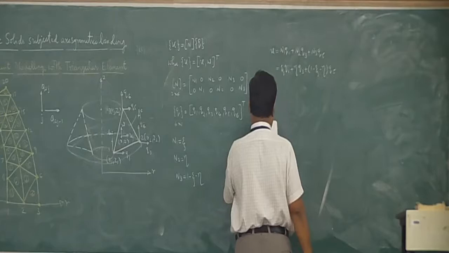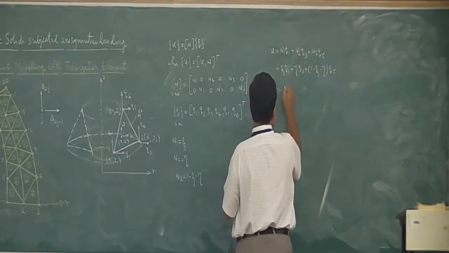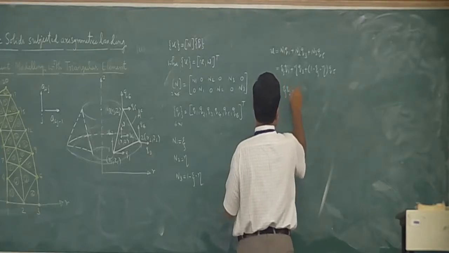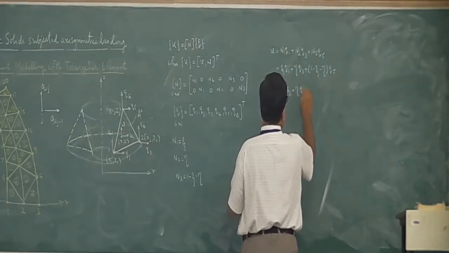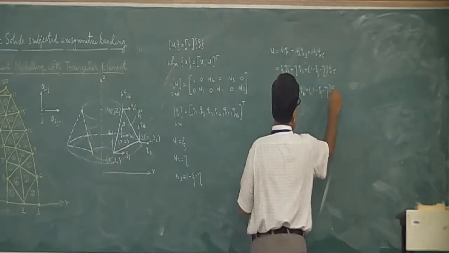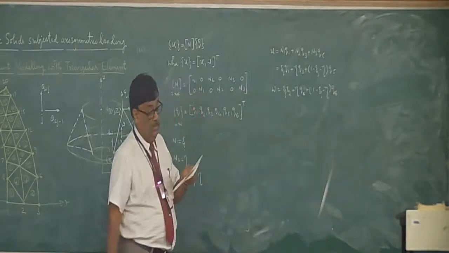And w is also the same: zeta Q2 plus eta Q4 plus (1 minus zeta minus eta) Q6. So these are the two components of the displacement.